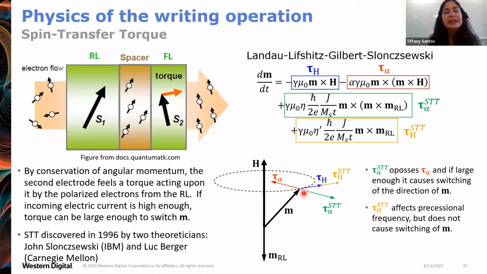You can see that it is directly opposed by the damping torque, the red one, that wants to pull the moment back toward the applied field. For this reason, when we're engineering the free layer, we want it to have a very small damping constant so that we can have the most effective or efficient spin transfer torque to flip the magnetization.